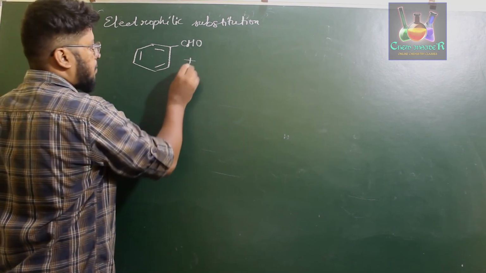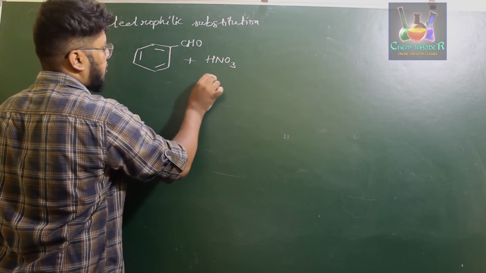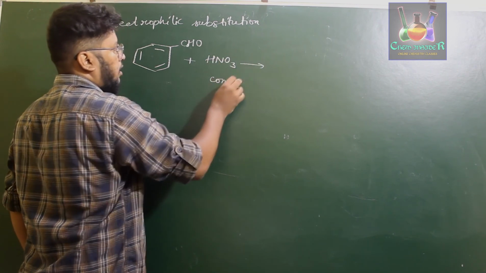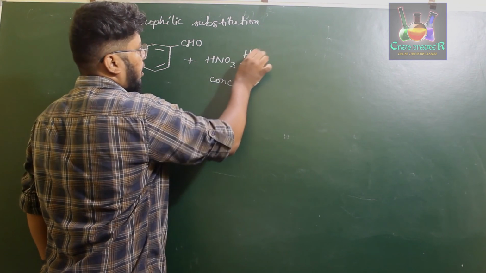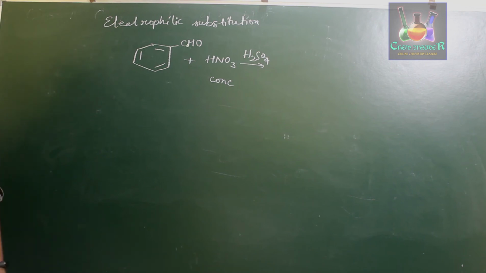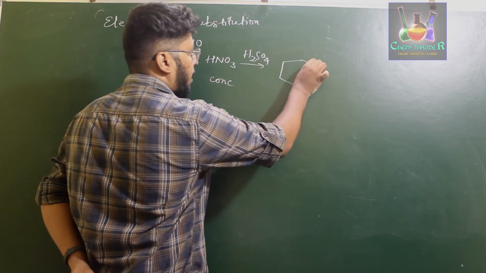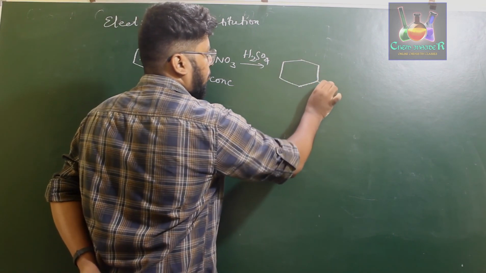Therefore, when benzaldehyde is treated with a mixture of concentrated nitric acid and sulfuric acid, it undergoes nitration, that is electrophilic substitution of the nitro group at the meta position, but not at the para or ortho position.